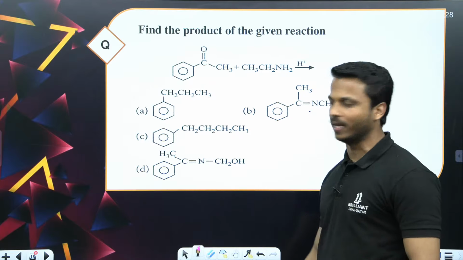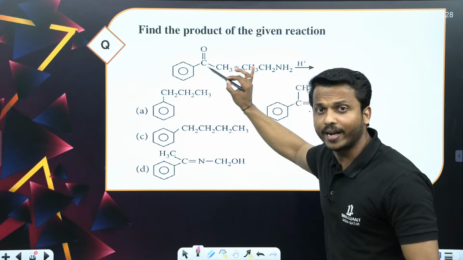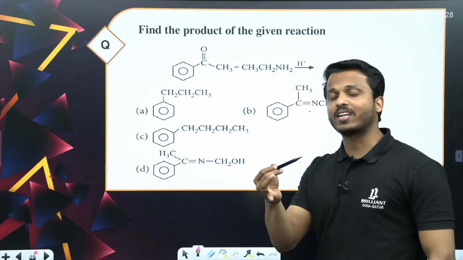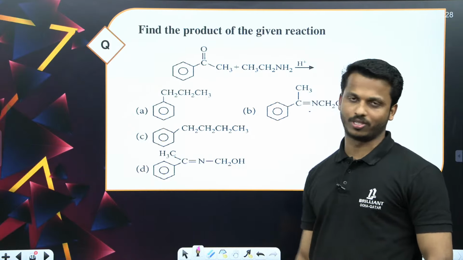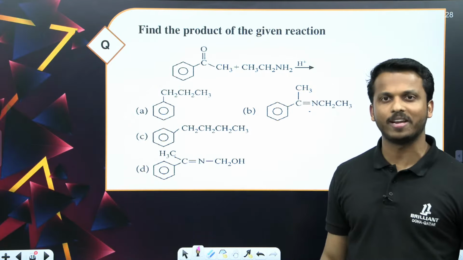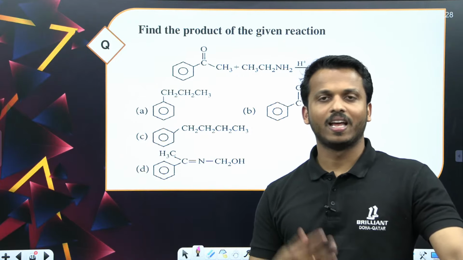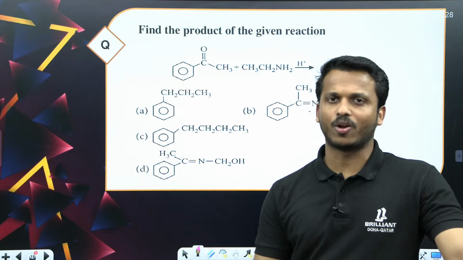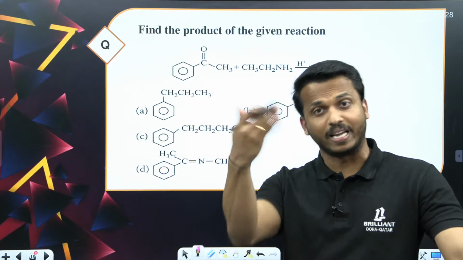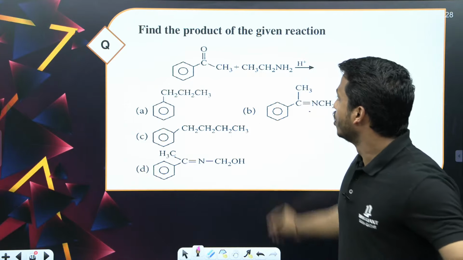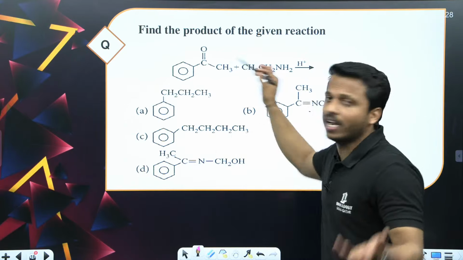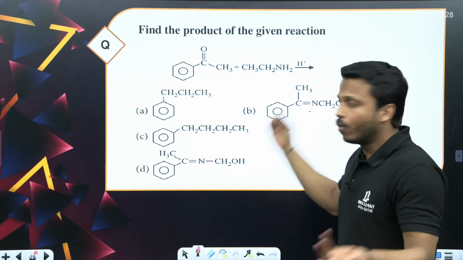What is this reaction actually? We studied that aldehydes or ketones react with ammonia derivatives. You may have studied many ammonia derivatives, right? Hydrazine, hydroxylamine, semicarbazide, phenylhydrazine and all. Here it's an aldehyde or ketone, and it's an amine. What happens?